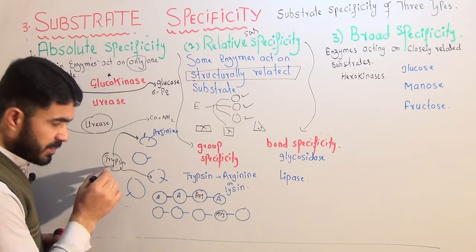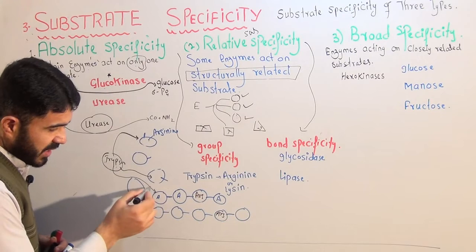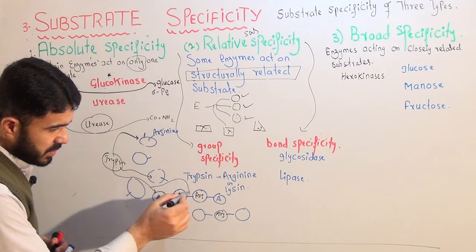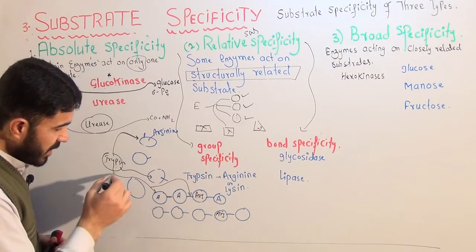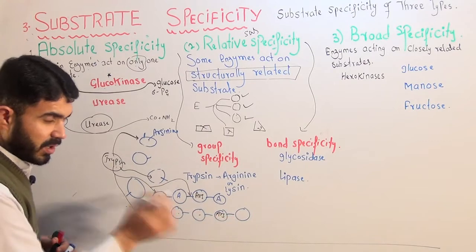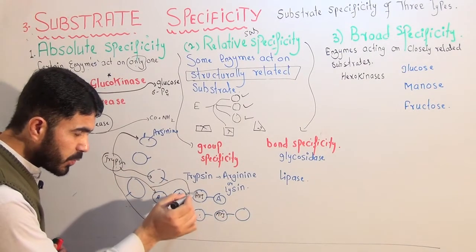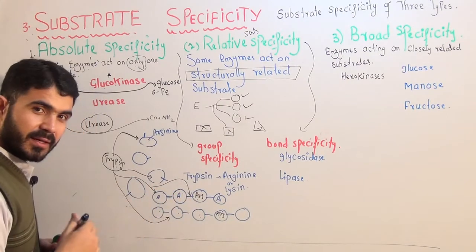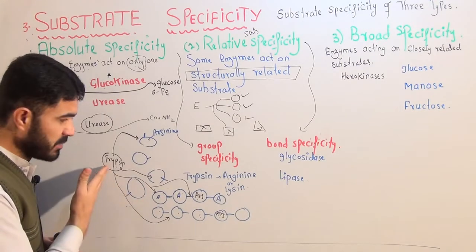Our enzyme trypsin can act on this protein, meaning it can break the peptide bond. It can also act on this protein, because both proteins contain arginine. The condition is the presence of arginine. If arginine is there, trypsin will act on it.